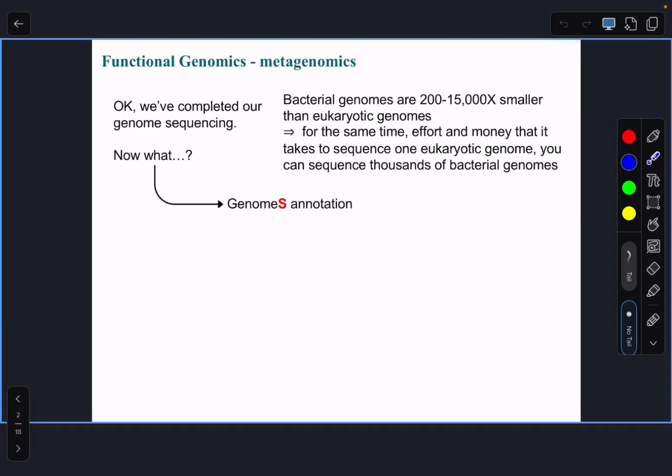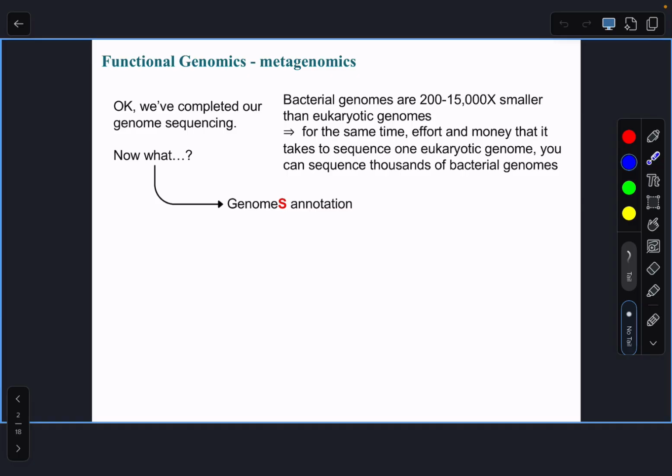So now it's no longer an exercise of taking a sample, getting the genomic sequence, and annotating the one genome. It's about taking a sample, sequencing all of the genomes in it, and annotating them all, right? So we can move from sequencing one genome and annotating it to sequencing and annotating several.